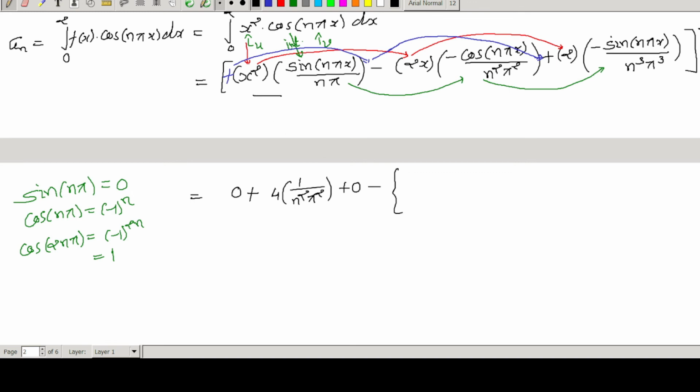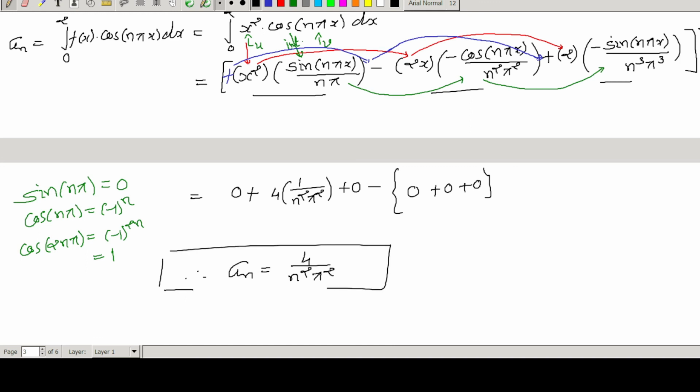When x is equal to 0, this term is 0, and this term is also 0, sine 0 is 0. So what is an? Therefore an is equal to 4 upon n square pi square. This is the value of an.